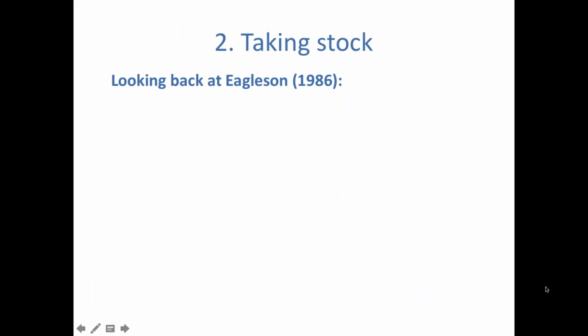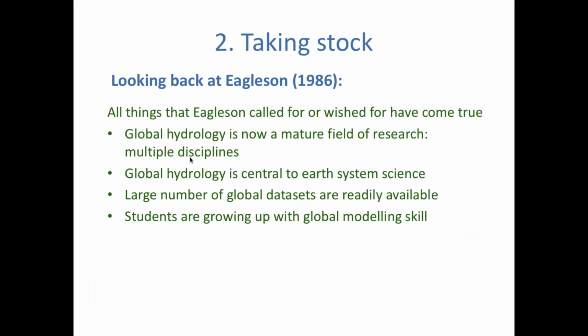Okay. Now, if we look back at Eagleson, we see that most of the things he projected actually occurred. Global hydrology, through 3 different strands of development, has become a mature field of research. It is central to Earth system science, at least if you look at the land surface part of the Earth system models.